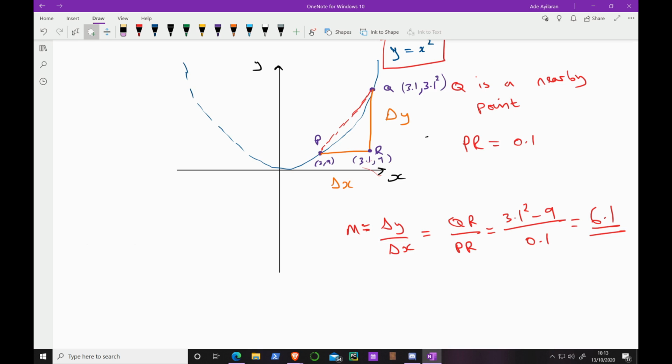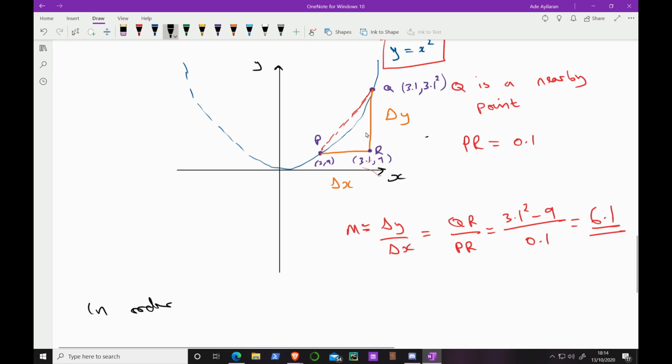The coordinate of R, or rather the coordinate of Q. I only did R because it was easier to work from that direction. But the fact remains that we can bring Q closer and closer to P.